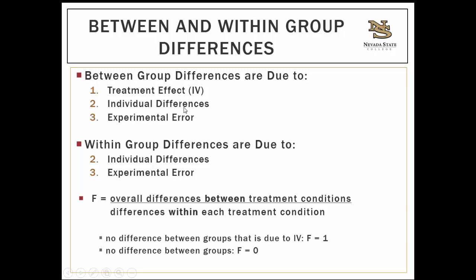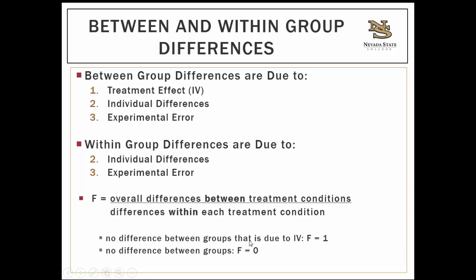Individual differences or experimental error. But the numerator includes the independent variable as well. So basically, you're taking error plus the independent variable divided by error. And the error in the numerator and denominator cancel each other out, and then you're left with the differences due to the independent variable.